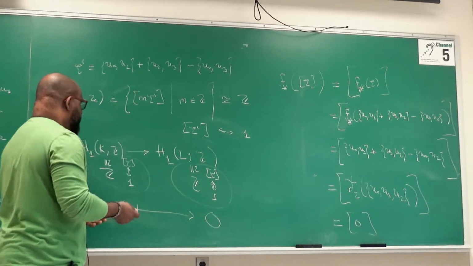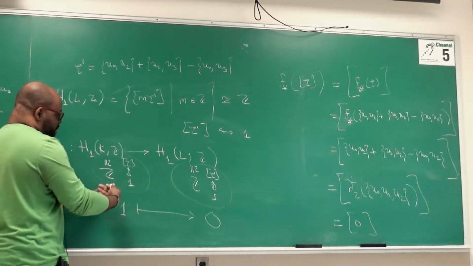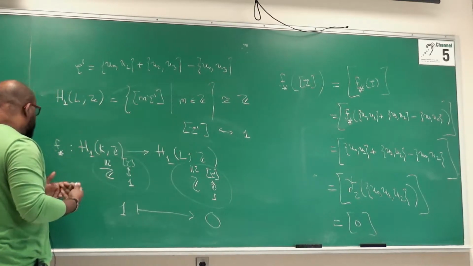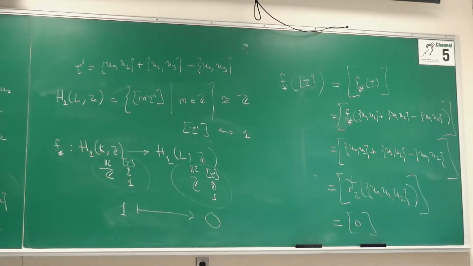And hopefully, this algebraic exercise is consistent with the geometric picture that in here I have the cycle zeta, but when I go to L, that cycle has been covered, so the hole disappears.